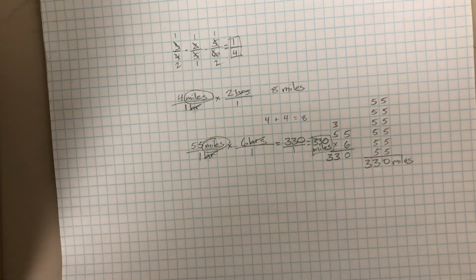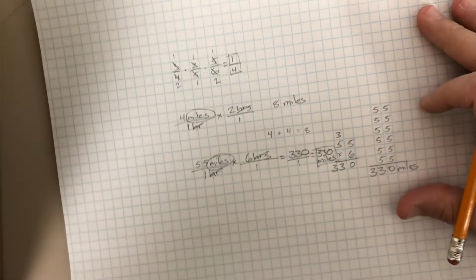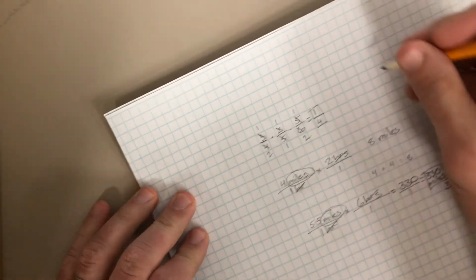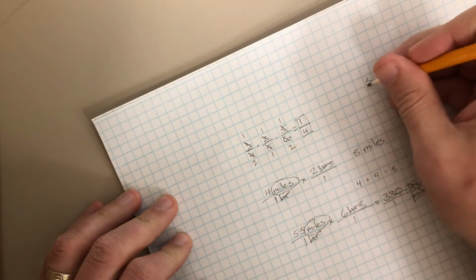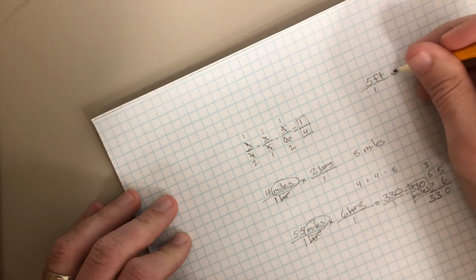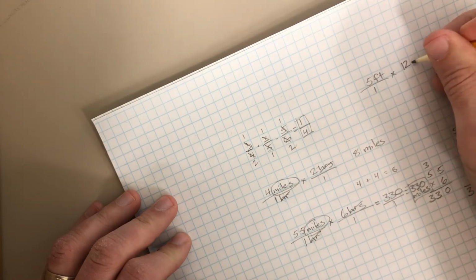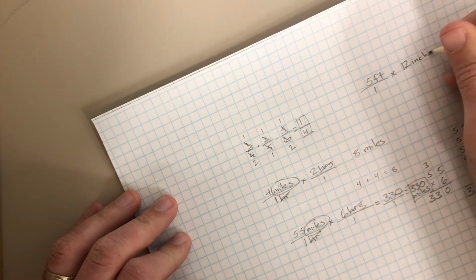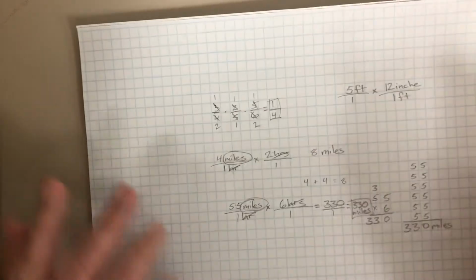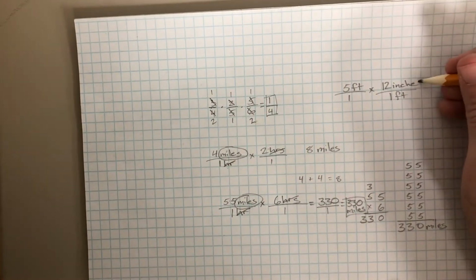All right, let's take a look at example 2. Example 2 says multiply 5 feet by 12 inches per foot. 5 feet is the same as 5 feet over 1, times 12 inches per foot. Okay, now in this one, what can I cancel?